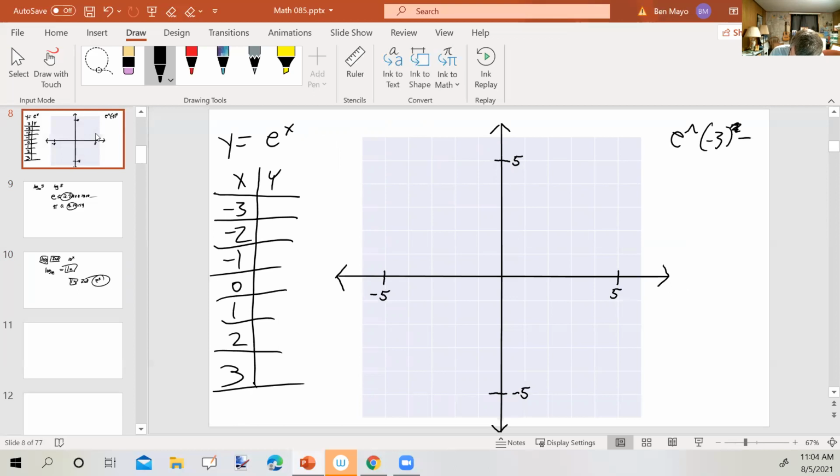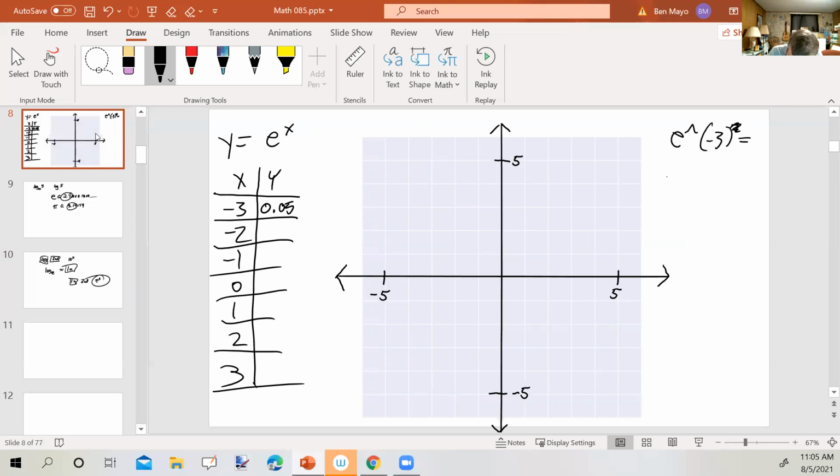And then push equals. And I get 0.04978. I'm going to round that off and make it 0.05 because I'm only going to be approximating here anyway. All right. Is anybody confused about this? If you need me to pull up a calculator on screen, I will. But if not, I'll just continue. So let me know if you need that.